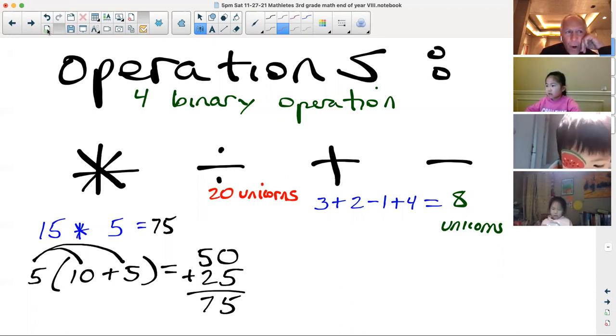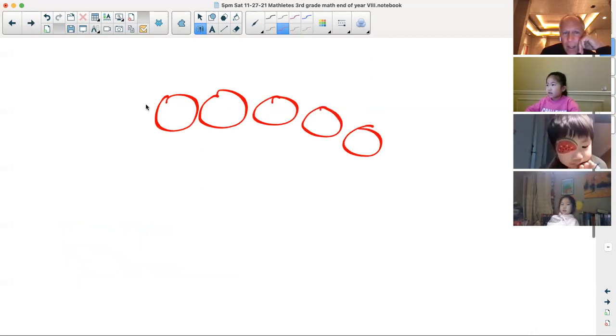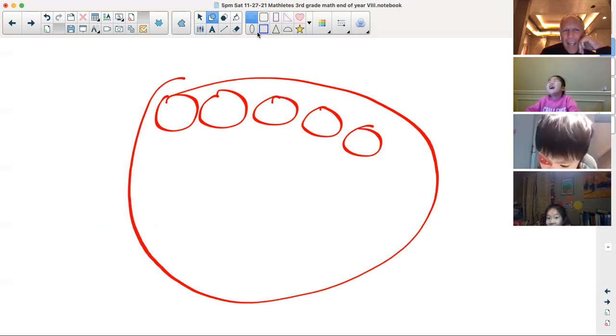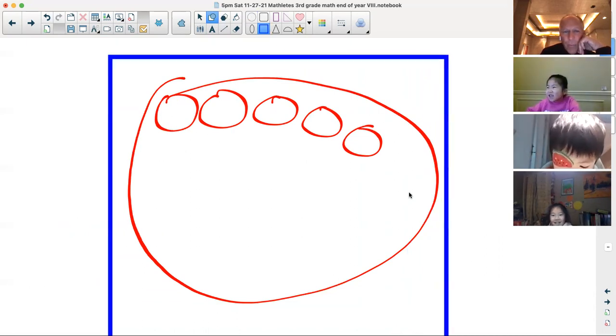So his foot, which kind of looks like that, that's the foot of a unicorn. Wait, what? It takes up exactly 1 square foot.